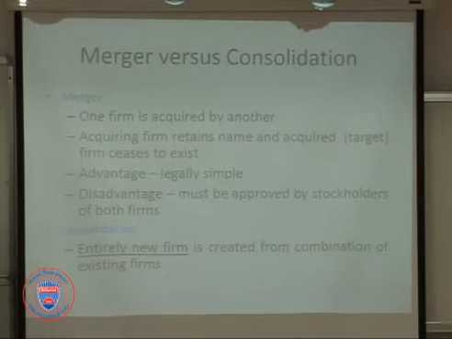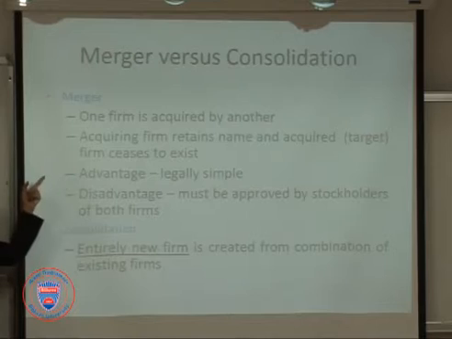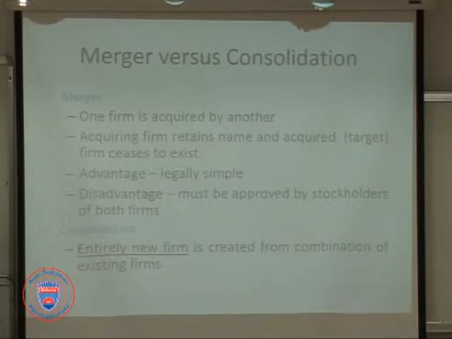In the merger case, one firm is acquired by another firm, and actually one firm dies. The target firm completely dies, and the acquiring firm retains the name. It is legally very simple, but of course, for a merger, shareholders of the target company must approve the merger. So approval is important.